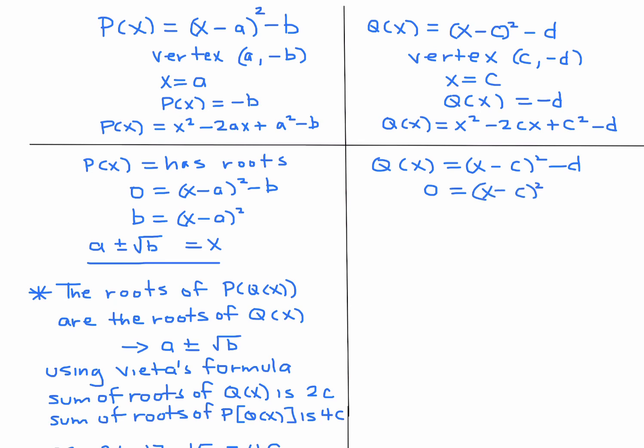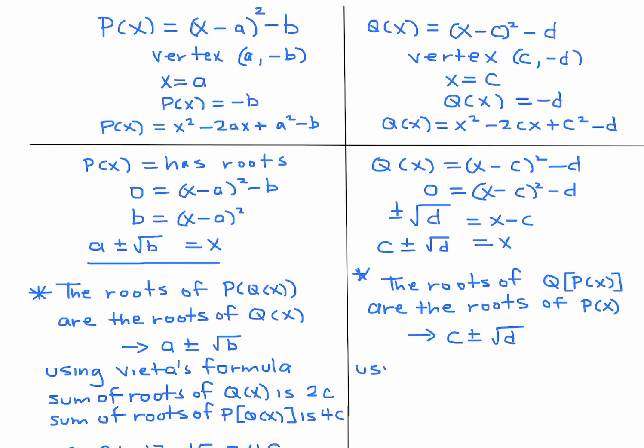We're doing pretty much the exact same thing we did over here. And let's see what we get. This becomes d. When you bring it over, of course, you take the square root plus or minus, and that's going to be x minus c, and therefore x is going to be c plus or minus the square root of d. Okay? And in a very similar way, the roots of q at p at x are the roots of p at x.